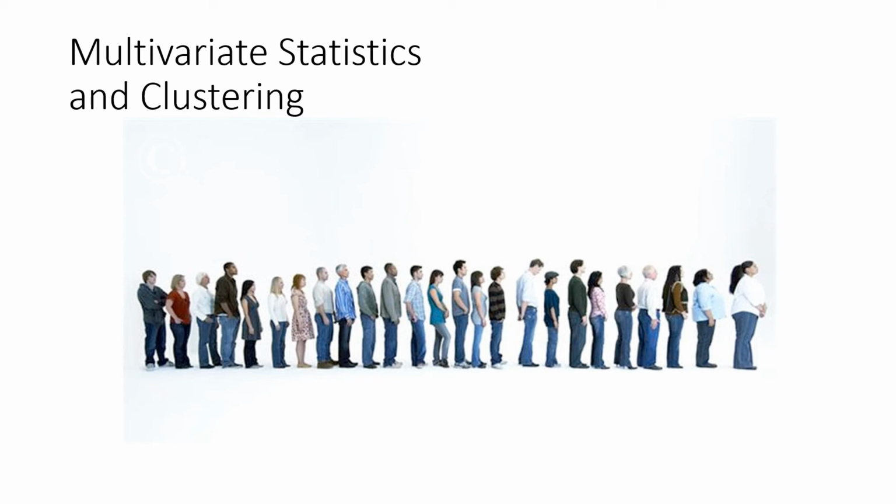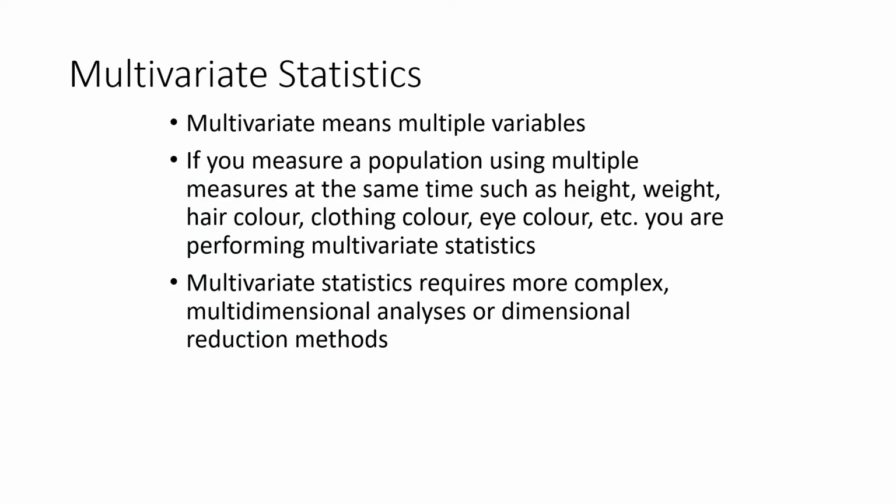And what we're going to see is that many of the same things that we saw in univariate statistics are repeated in multivariate statistics, but in a slightly different way. So as I said, multivariate statistics involves multiple variables. It means not just measuring height alone, as we've done for most of our examples here, but it might mean measuring weight or hair color or eye color. Or in metabolomics, it might mean measuring not just creatinine levels, but measuring 20 amino acids and 30 organic acids and 50 biogenic amines.